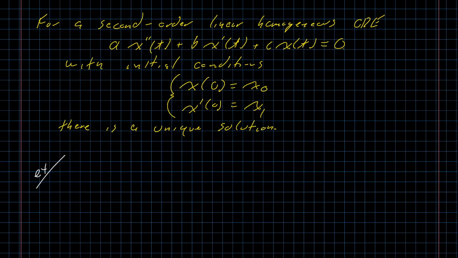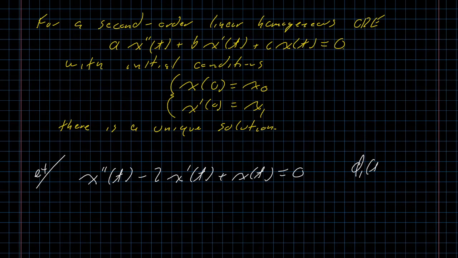So, for example, if I'm looking at the differential equation x double prime of t minus 2x prime of t plus x of t equals 0. We saw in a previous video that the functions phi1 of t equals e to the t and phi2 of t equals t e to the t are both solutions to this differential equation.